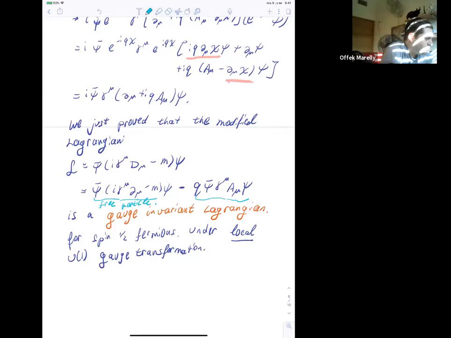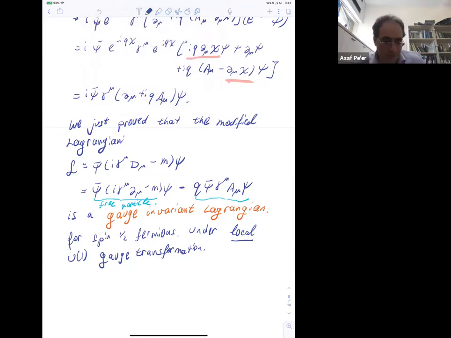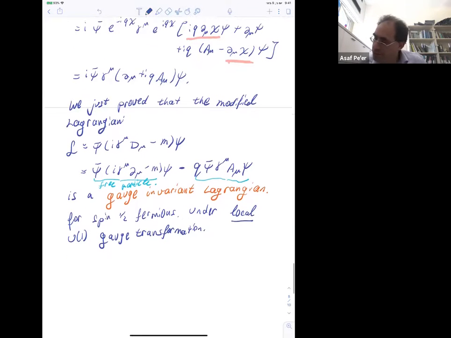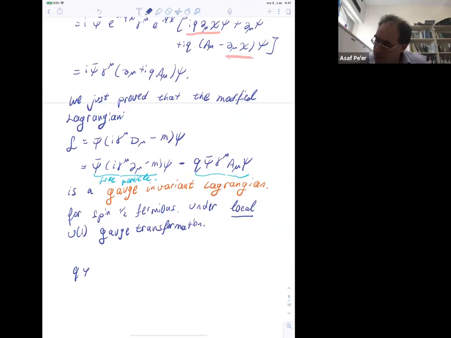The interaction? This is an interaction term. Exactly. Right. So this term, q psi bar gamma mu, I can change the order, psi A mu. I can write it down as j mu A mu. Right.